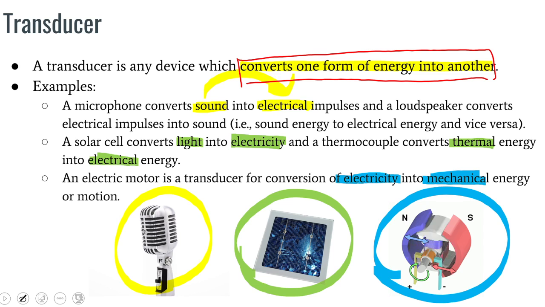We may want to capture sound, so the sound energy is going to be converted into electrical energy, so it can be captured in a system. Maybe we may want to do the inverse of that. So there, in a loudspeaker, for example, the electrical energy will be converted into sound. So these are the activities or aspects of transducers that we may come across in systems.